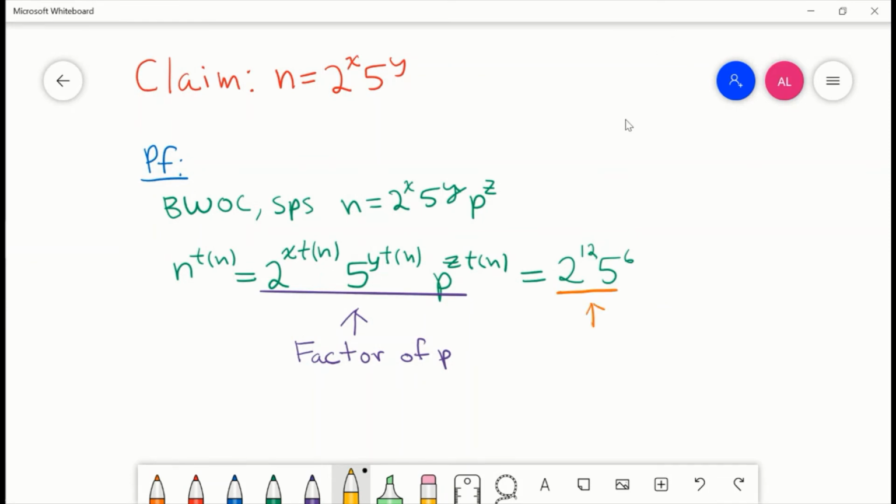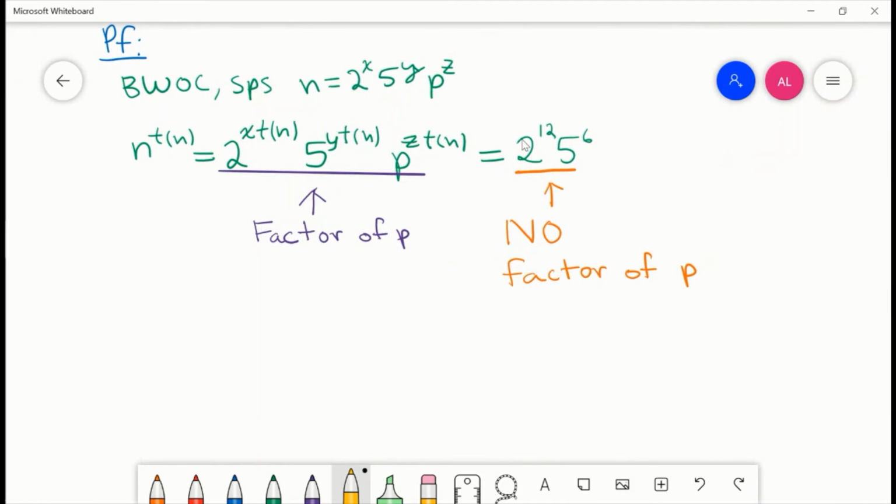And notice that here, there is no factor of p, because neither 2 nor 5 is equal to p, and those are the only things in this product. So there's no factor of p in this product here. But can something with a factor of p be equal to something without a factor of p? Of course not. The only time that can happen is if p is 0, 1, maybe -1, but none of those are primes, obviously.